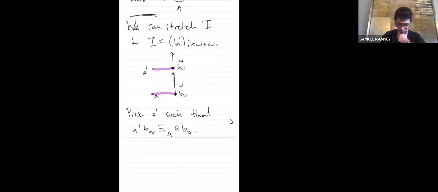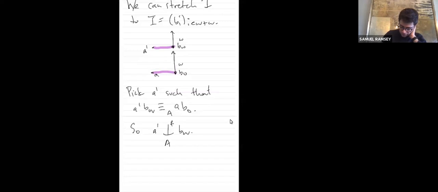Okay, so that's the first step. So by invariance, it follows that A prime is independent over A with B omega. If A was independent with B0 over A, and A prime B omega have the same type as A B0 over A, then it follows that A prime is independent with B omega over A, because independence is invariant under automorphisms.